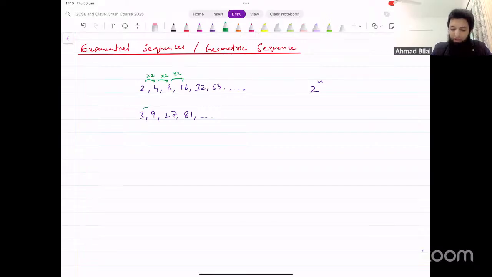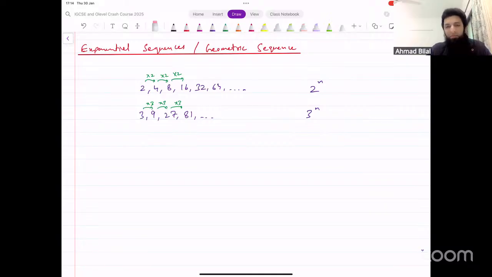How are you getting the next terms? You're just multiplying by 3. Okay. This is 3 raised to the power n. So you're just multiplying that by the same number to get the next term. Now, these sequences were starting from 2 and starting from 3 respectively. That's why we could write down the nth terms directly like this.